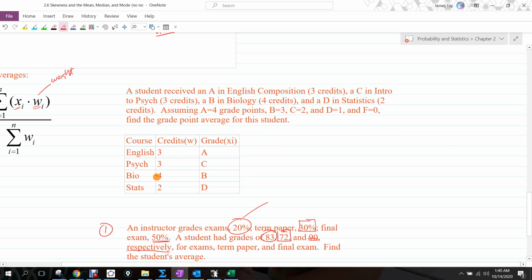So it gets messy in those situations. If I'm dealing with grades here, the credits are going to be my weight, and my grade is my individual data point. In this case, they're saying an A is worth 4 points, a B is worth 3, a C is worth 2, and a D is worth 1.